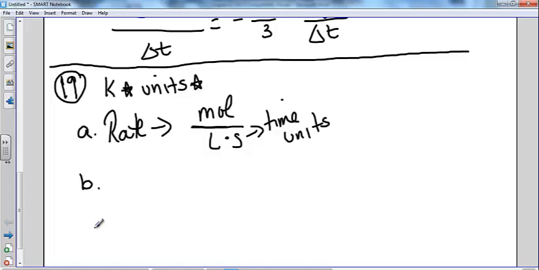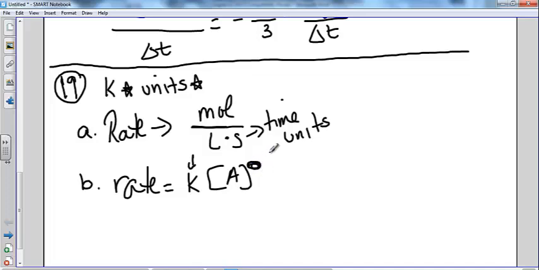Now for letter B, it wants to know the rate constant for a zero order rate law. Before I go any further, what that means, and again, you really need to watch these videos because this is new and it's different: you have the rate, which is going to be moles over liters times seconds. We're looking for the units for this lowercase k, and if it's zero order, I'm just going to pick A as a random reactant.